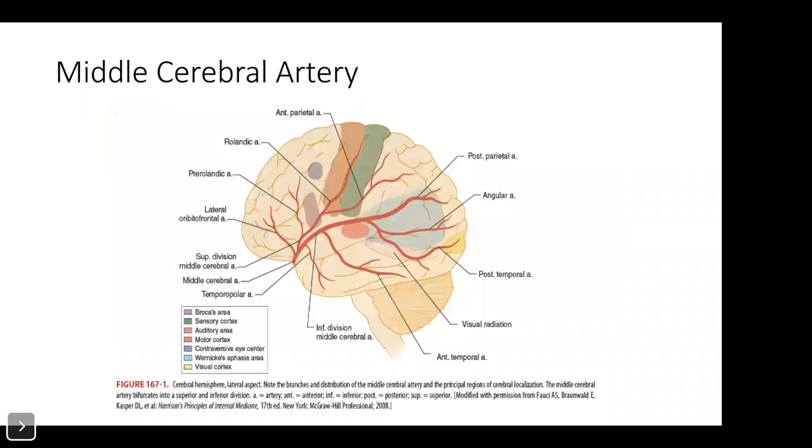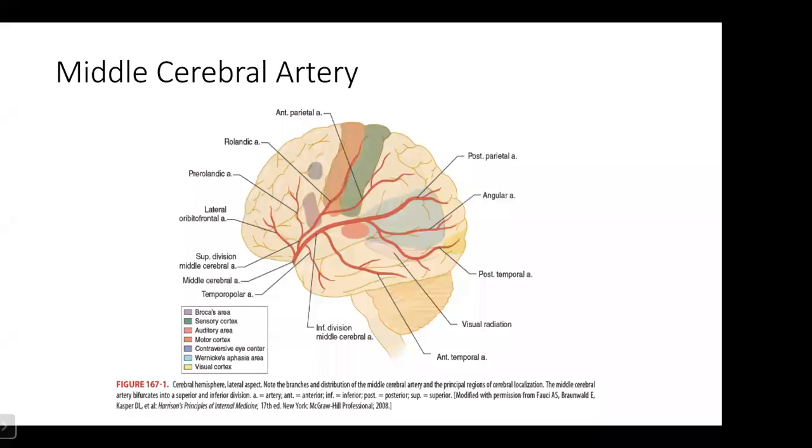This is a diagrammatic representation of the lateral aspect of the brain. In this, we mainly look at the middle cerebral artery and its branches. The middle cerebral artery divides into a superior division and an inferior division.